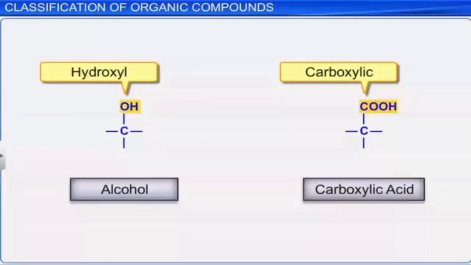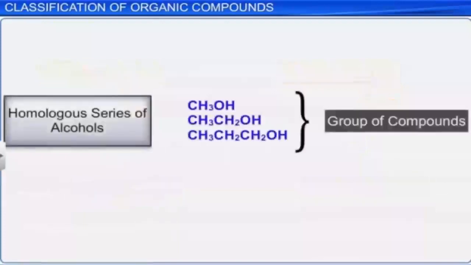Organic compounds can also be classified on the basis of homologous series. The successive members or series of organic compounds with a characteristic functional group having the same general molecular formulae and differ by CH2 unit form a homologous series.